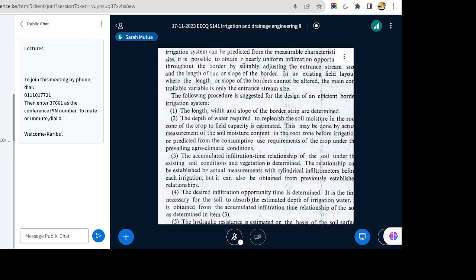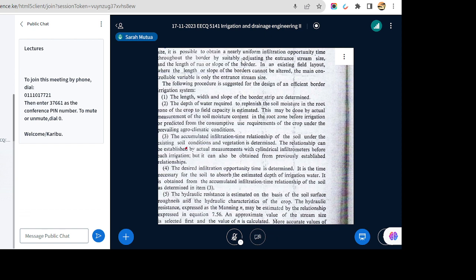When we're looking at the various irrigation systems, the theoretical part of it, we have typical layouts and typical dimensions that you can use for border strips, and that is usually dependent on a number of things: the types of soil, and also the heterogeneity, the distribution of the soils in the area. We want a border strip that is developed in an area where we have uniform soil characteristics.